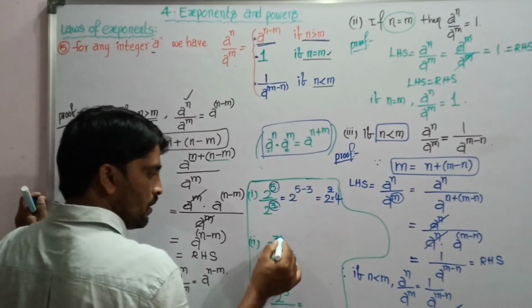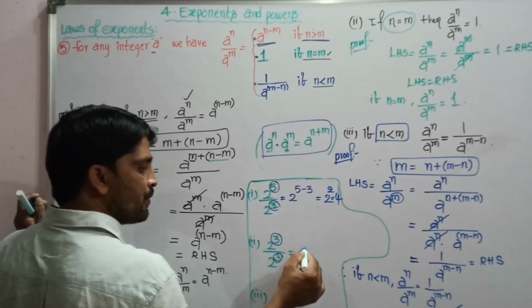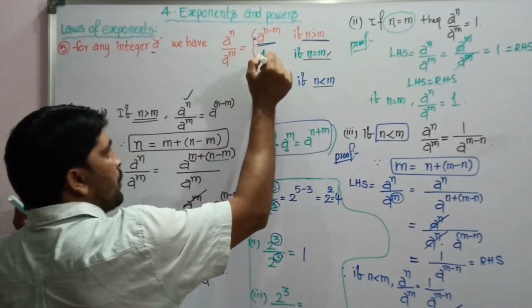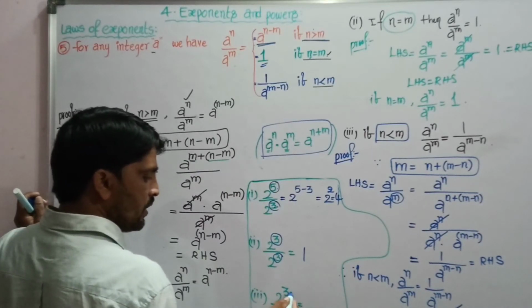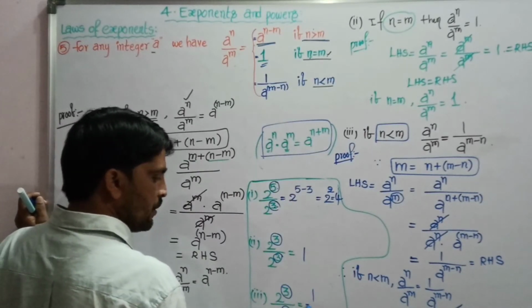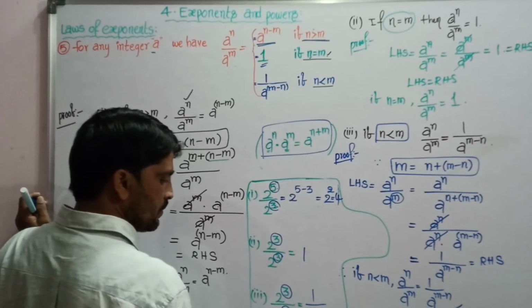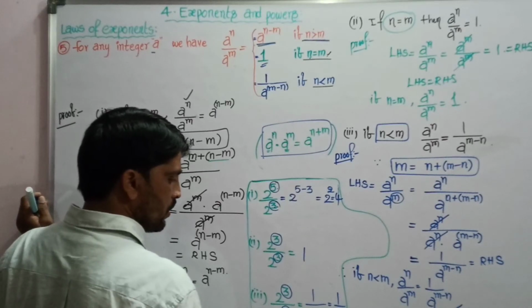See here, the exponents are both equal, so its value becomes 1. If n equals m, then a power n by a power m equals 1. And here m is greater than n, so consider the difference of exponents 5 minus 3, that is 1 by 2 square, that is, 1 by 4 is the answer.